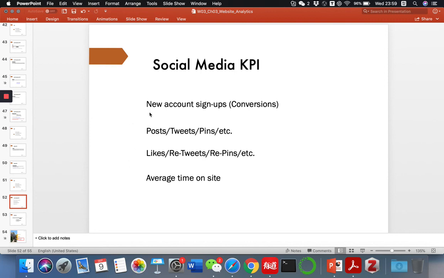But first of all, the same across platforms, new account signups. We say it's a major primary conversion for social media websites. And we also have posts, tweets, pins, etc., depending on which website you are on. Likes, retweets, repins, and time on site.